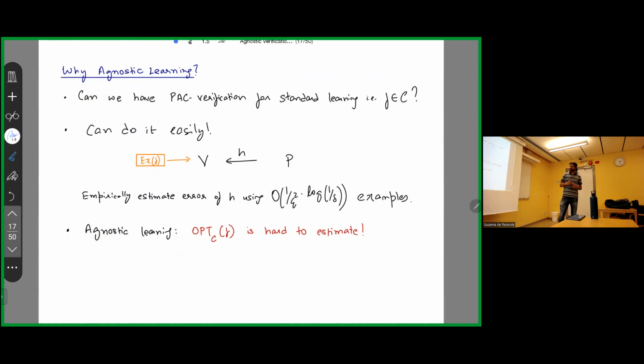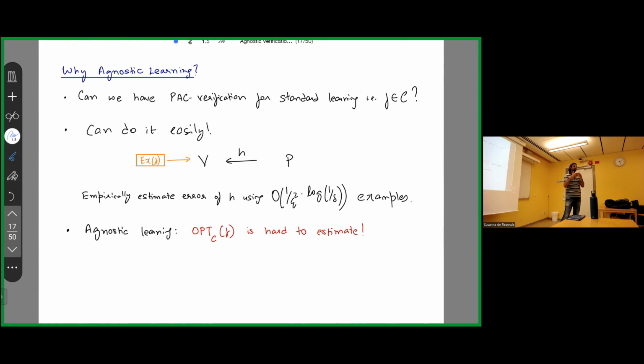So one question is why do we consider agnostic learning in this setting? And can we just have PAC verification for the standard setting itself? In this case, the model just trivializes, because the learner can just send you the hypothesis, and now you can draw some examples and their labels and make an empirical estimate for how close your hypothesis is to the original function.